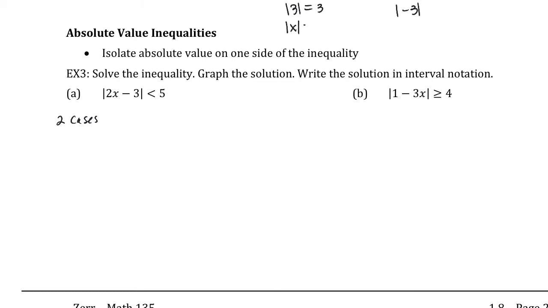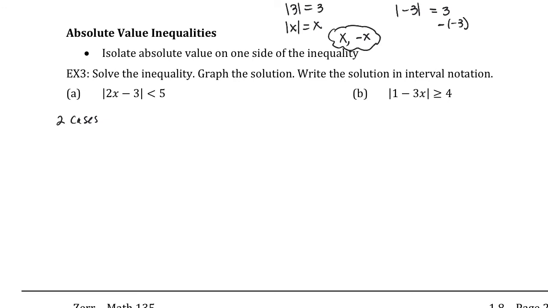So the absolute value of x is x. Here though, what comes out is positive 3, which is the opposite of negative 3. So x could either be itself if it was positive, or the opposite of it if it was negative. So you have two cases.